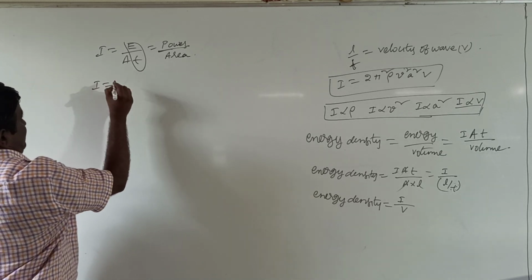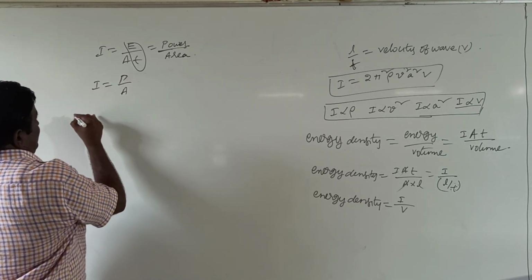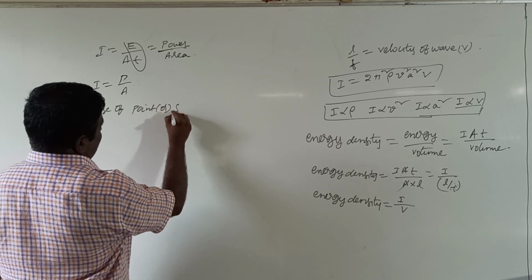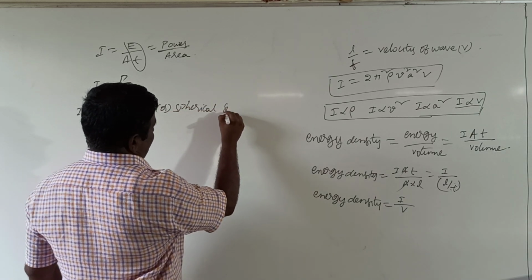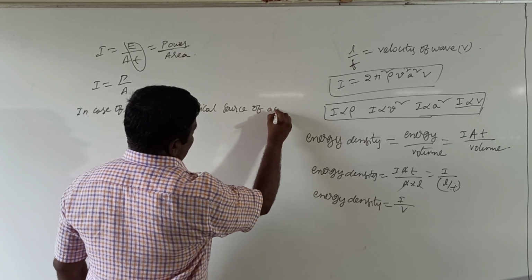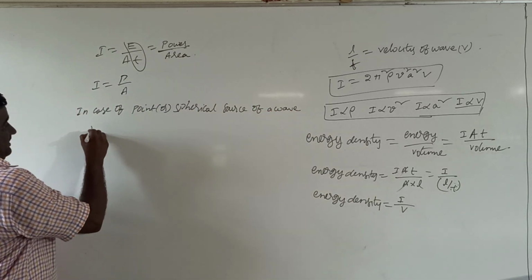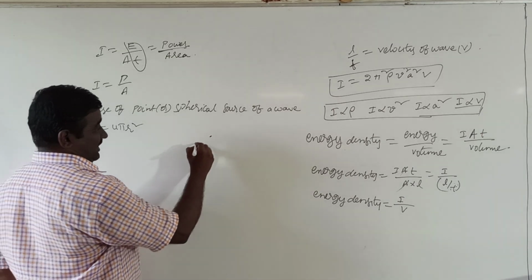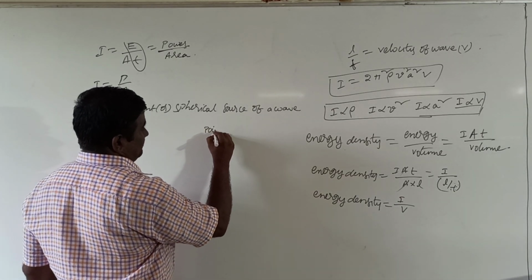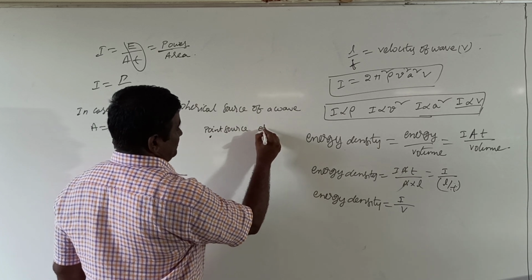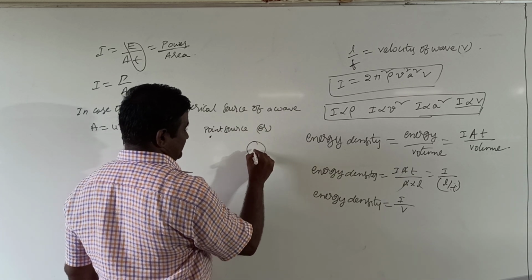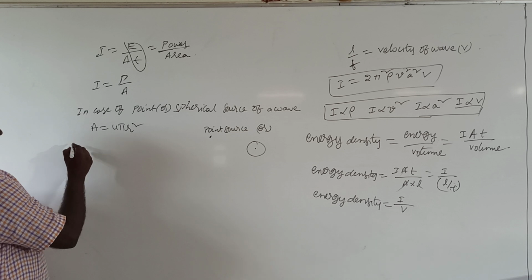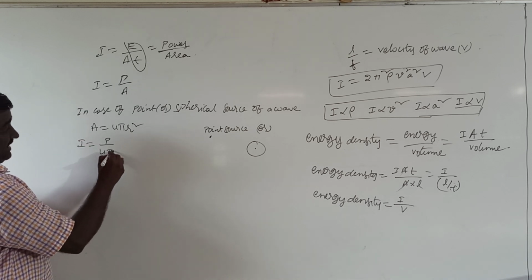Then the intensity of a wave I equals P by A. In case of a point source or spherical source of a wave, the area of cross section A equals 4 pi r square, then intensity I equals P by 4 pi r square.